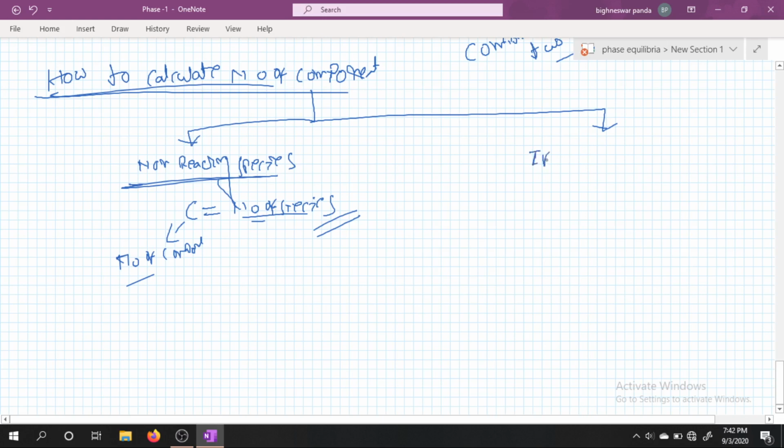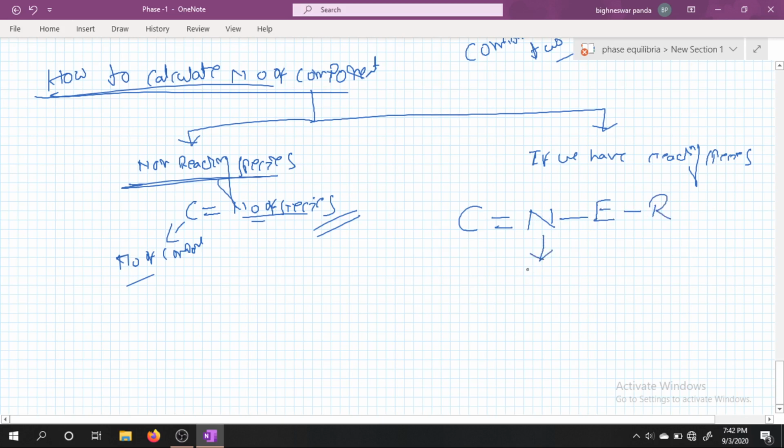If we have reacting species, then to calculate the number of components, C is equal to n minus E minus R. What is the meaning of n?